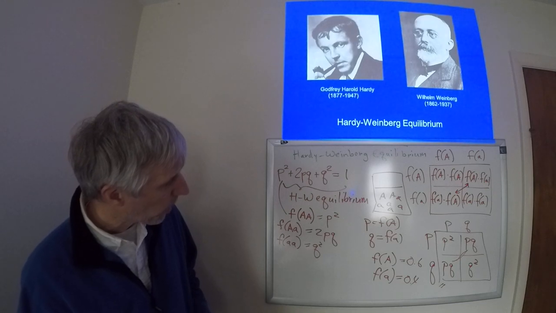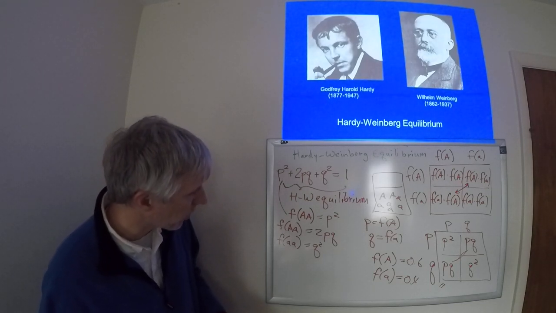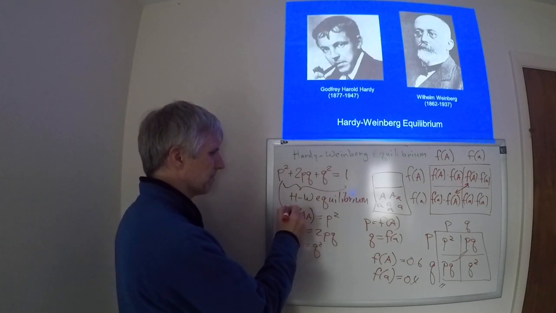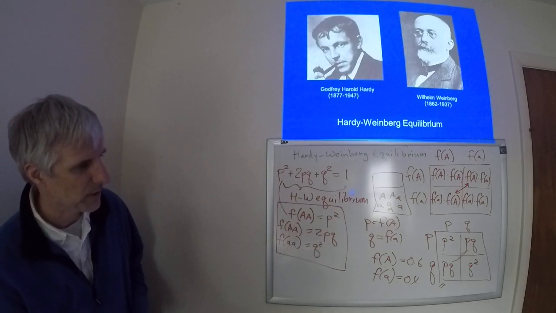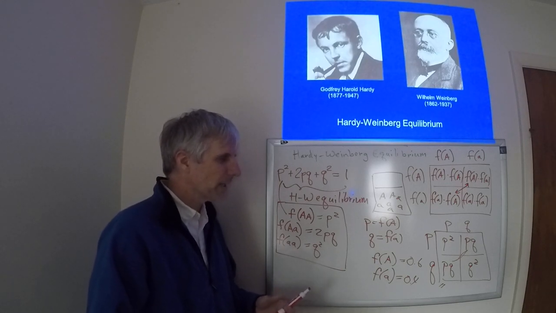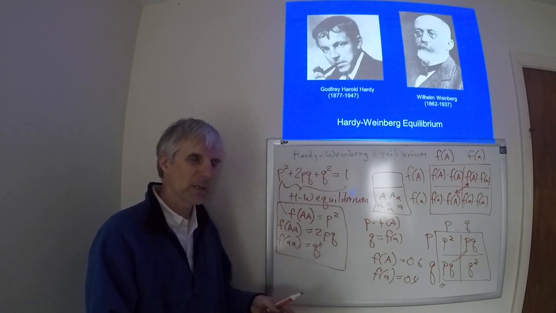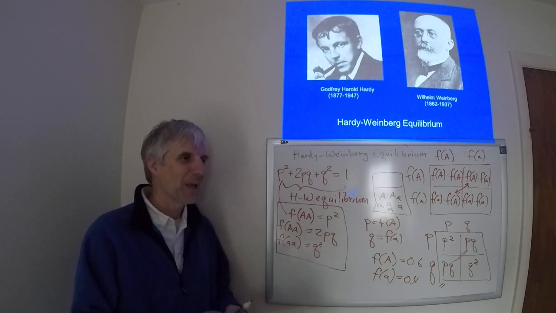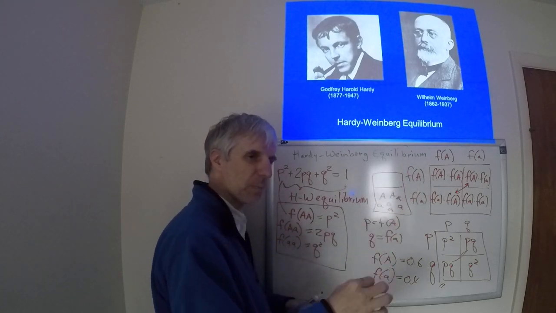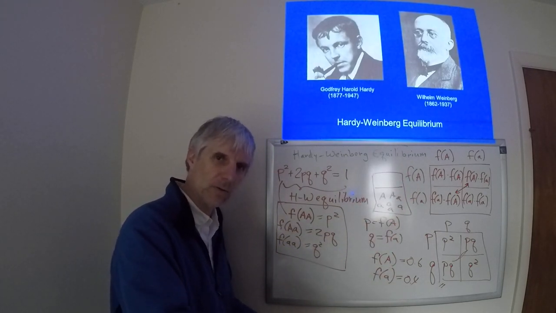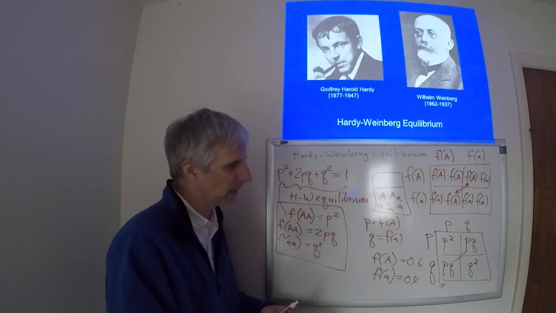Now, Hardy and Weinberg were smart enough to know that there's a lot more that goes on with reproduction and organisms than just dumping alleles into a bucket and pulling them out one at a time, right? Reproduction is far more complicated than reaching in and pulling out an allele, writing it down, and pulling out a second allele and writing it down.